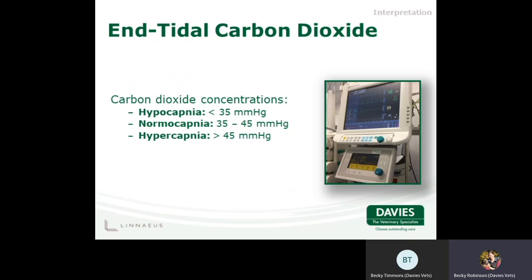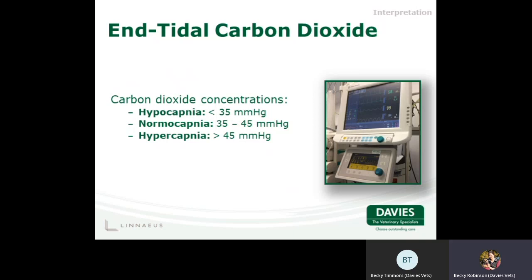And we can define our carbon dioxide concentrations as either hypocapnia, where there is less than 35 millimeters of mercury of carbon dioxide, normocapnia, where there is 35 to 45 millimeters of mercury, or hypercapnia, where there is more than 45 millimeters of mercury. If we're looking at cats, we tend to find that cats have end-tidal carbon dioxide readings which are more towards the lower end of the normal range, but we still tend to class normal as the figures quoted here.